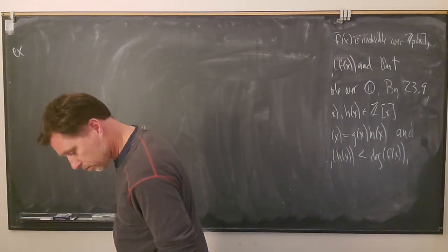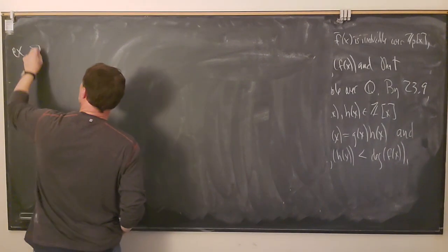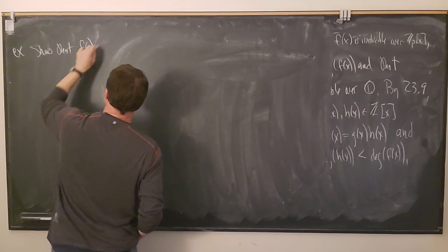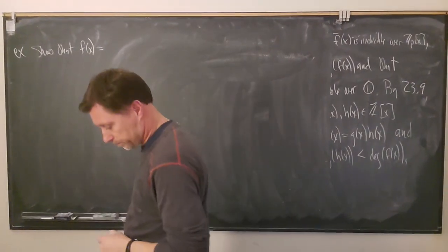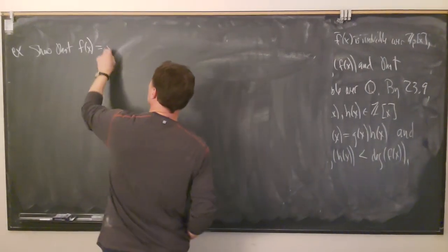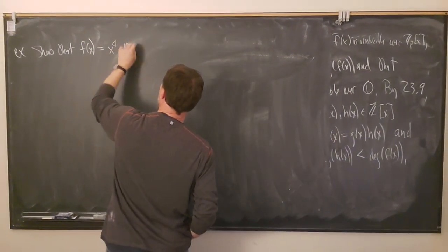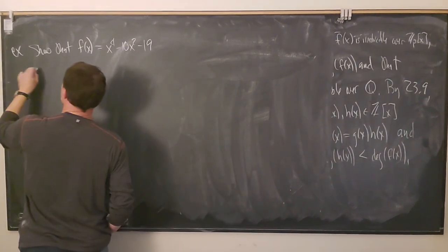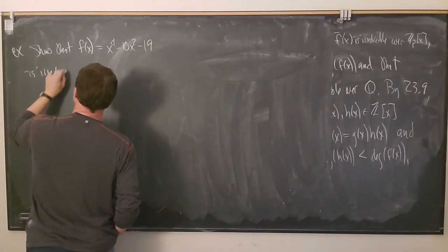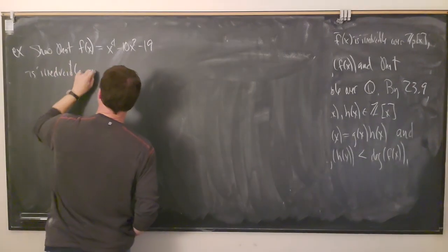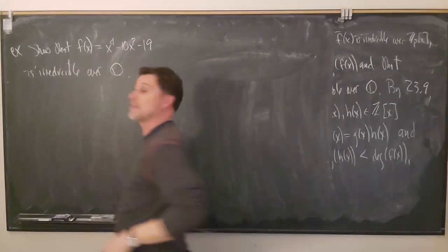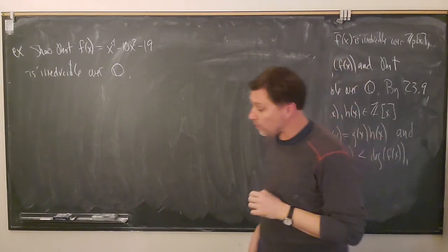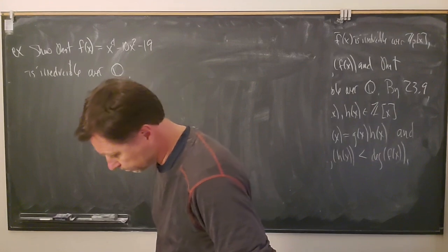So let's show that the polynomial f of x equal to x to the fourth minus 10x squared minus 19 is irreducible over Q. Does this example look familiar? Yeah, we did this using sort of an ad hoc method before. Now what I want to do is use the mod p test.